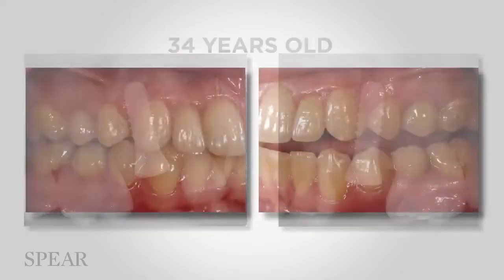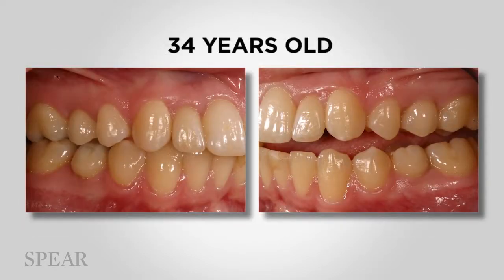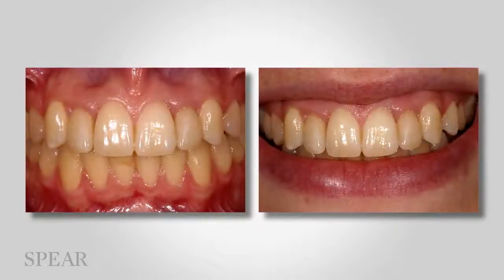This photo, she was 34 years of age, so 21 years after starting orthodontics. The lower primary molars are still there. They're still there today. This photo was taken a few years ago. And so in terms of fees and interdisciplinary cases, some of the cases can be phased. And so in cases like this one, it really helps manage the treatment if you can phase the extractions and phase the implant placement.